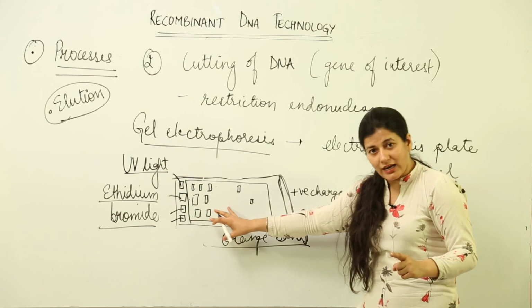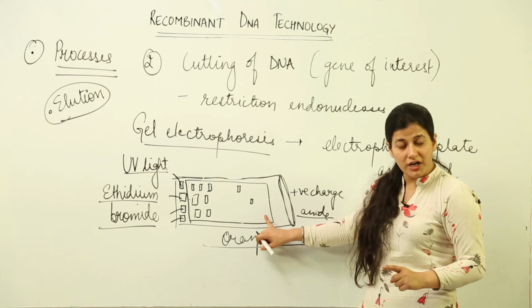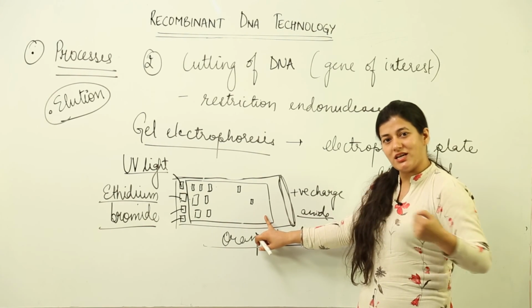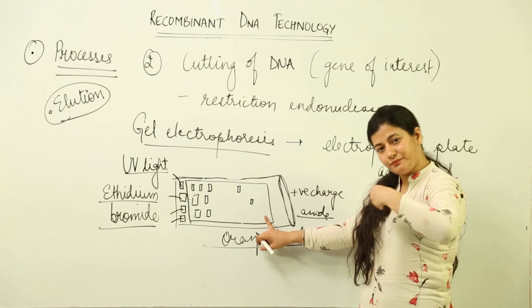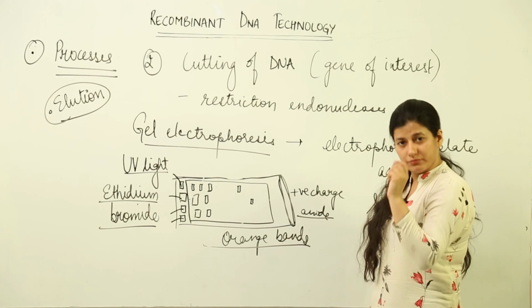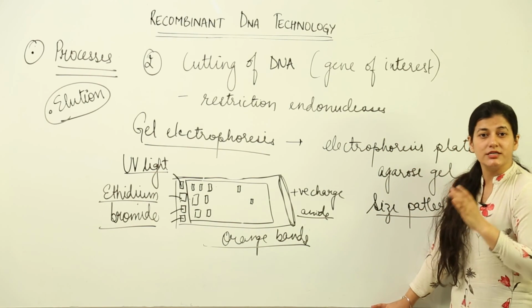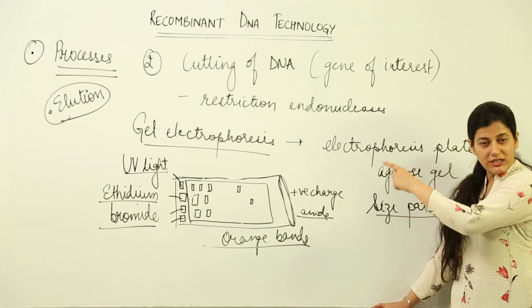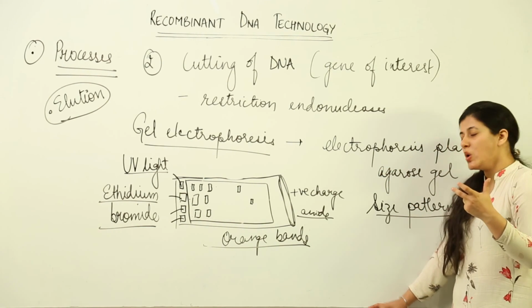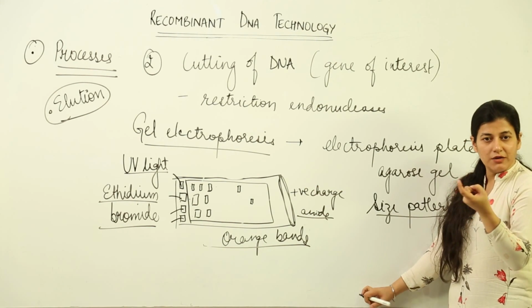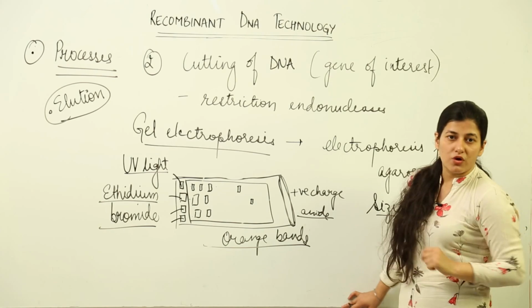We make the DNA get attracted towards the positive charge. That enables the arrangement in such a way that larger size DNA stays back and the smaller size moves forward. This enables the DNA fragments to get arranged according to their size. When they are arranged according to their size, they are provided with ethidium bromide that makes them glow as orange bands in UV light. Then they can be extracted using the process of elution.